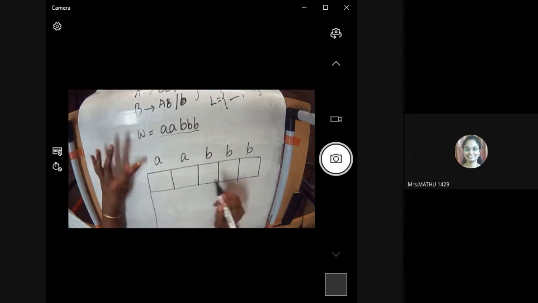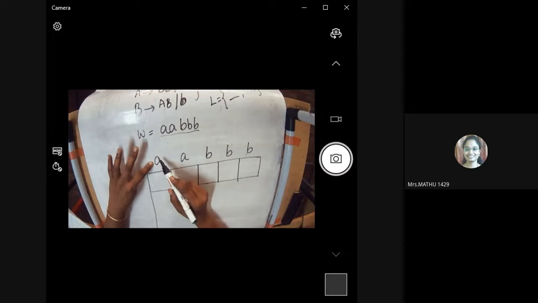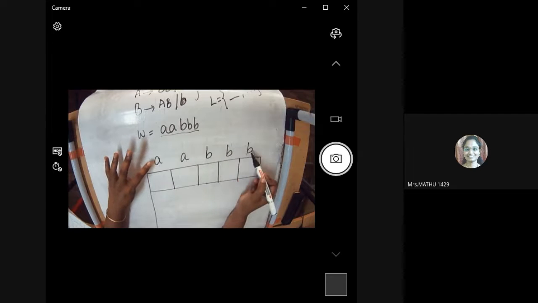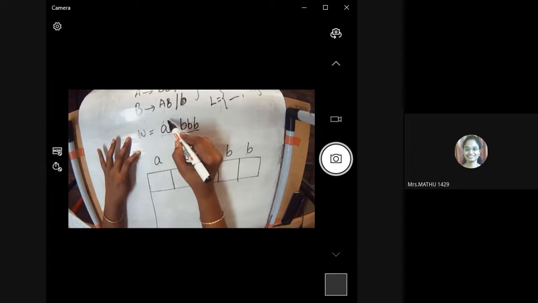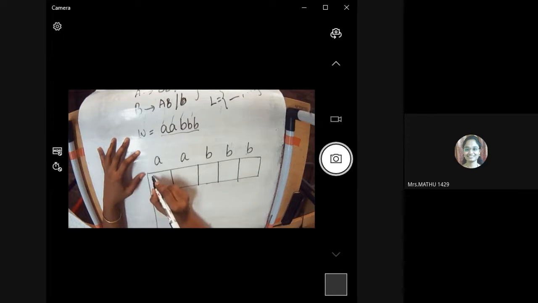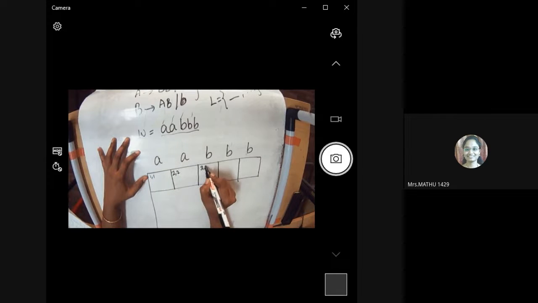So now we have divided it into single length substrings. So a is a substring, this a is a substring, b is a substring, b, all these are separate substrings. The substring names are 1,1, 2,2, 3,3, 4,4, and 5,5.